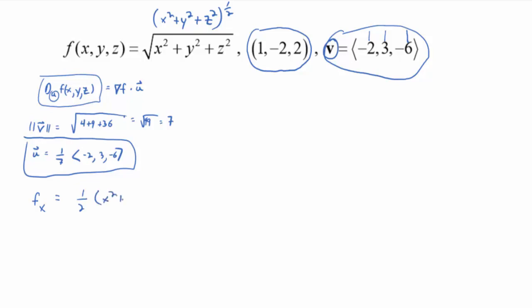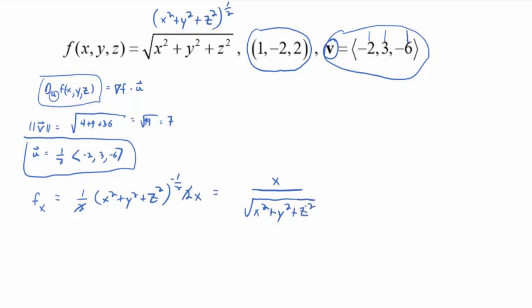1/2 times x squared plus y squared plus z squared to the negative 1/2 times 2x, which is the same as what? x over the square root. Okay. So what's the only thing that's going to change in the other partials?